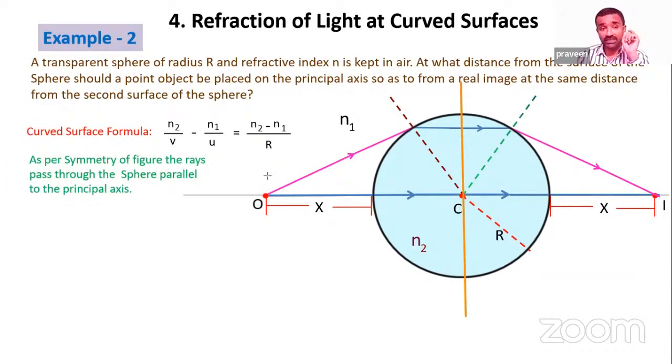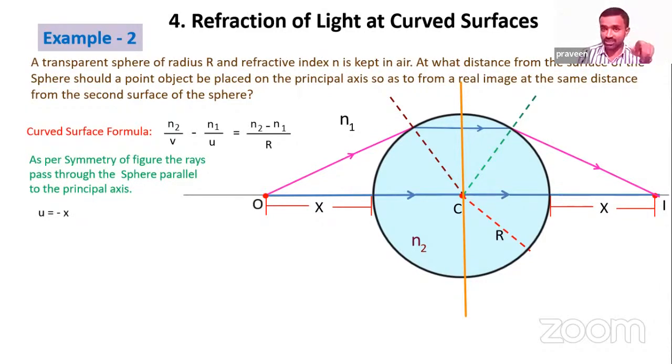As per that symmetrical figure, the rays pass through the sphere parallel to the principal axis. They became parallel. In such a case, what can we consider? The object distance for the first surface is taken to be x. According to the sign convention, it is negative, opposite to the incident light ray.